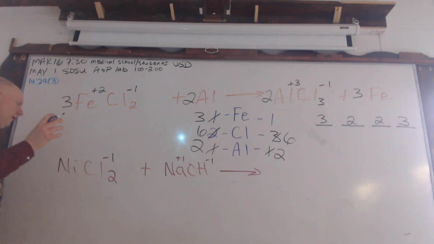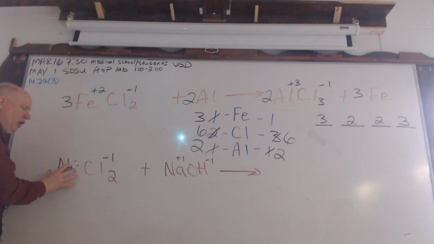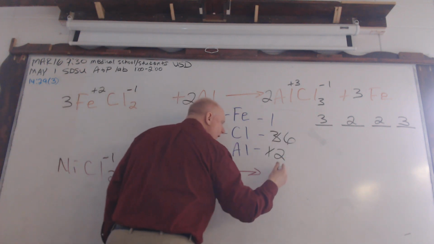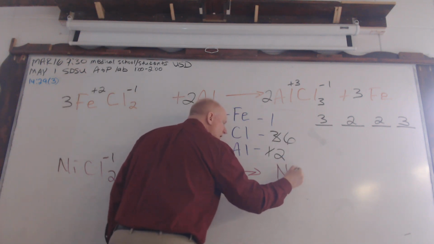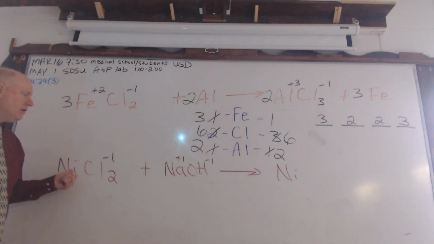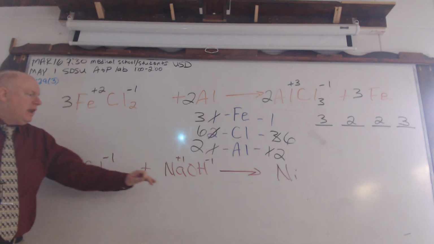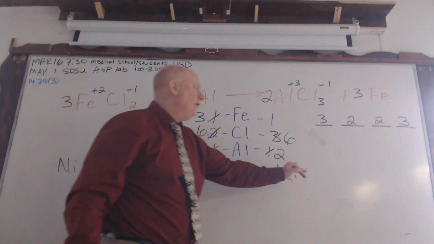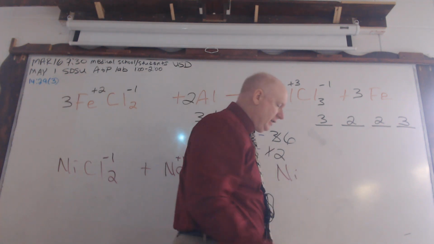If nickel has a positive charge in this compound here, it's going to bond to the negative charge of this compound, but on this side. So what does that tell you? Nickel is positive over here. What is negative in this compound that it can bond to, but on this side of the equation? Hydroxide.